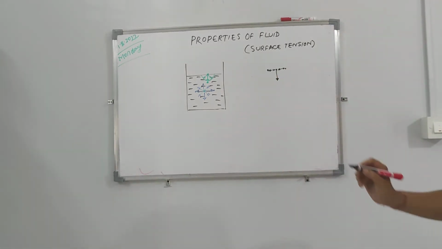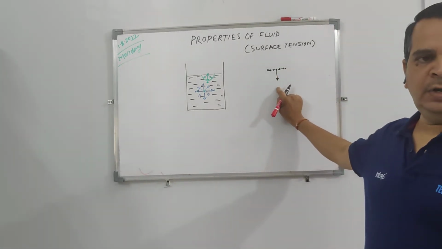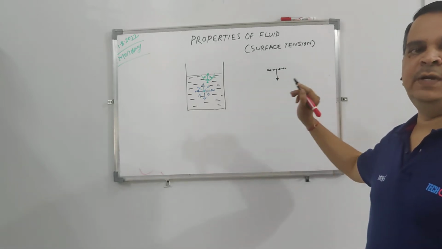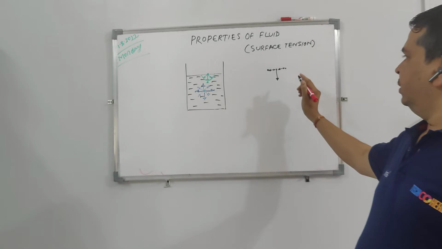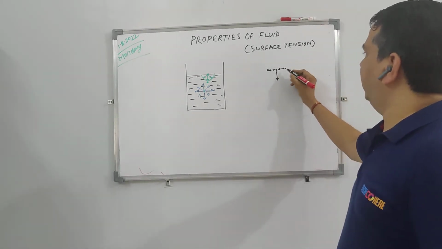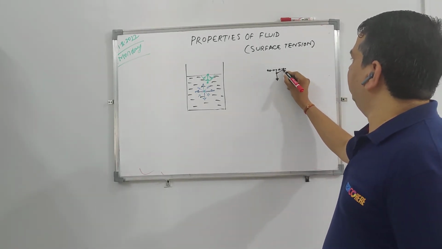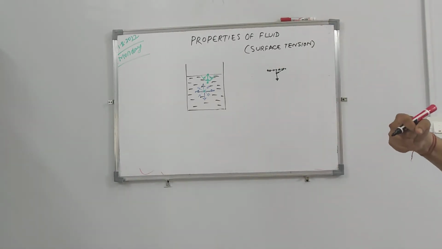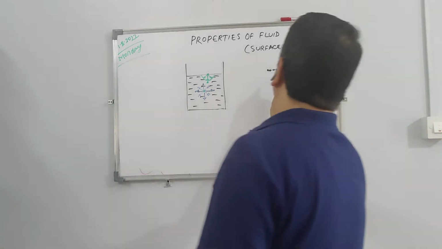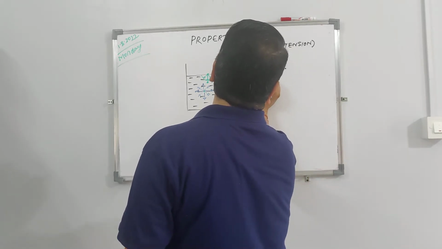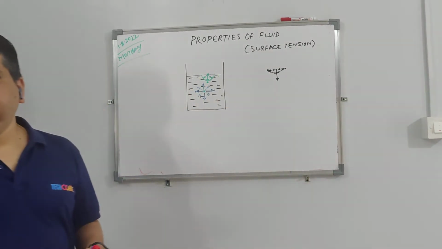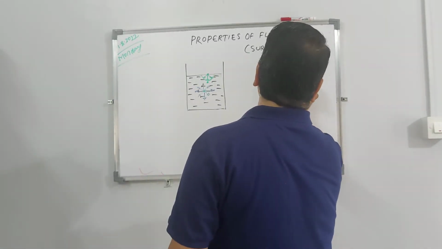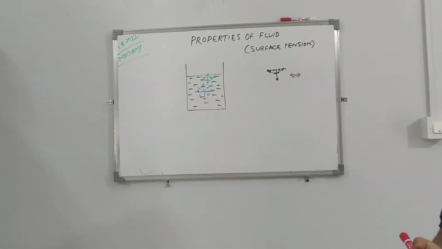Suppose the center molecule is being pulled downward. The neighboring molecule is not allowing it to move downward; it will try to pull it back. Similarly you will have another molecule, so it will be in a situation like this. Finally it is in an equilibrium condition.